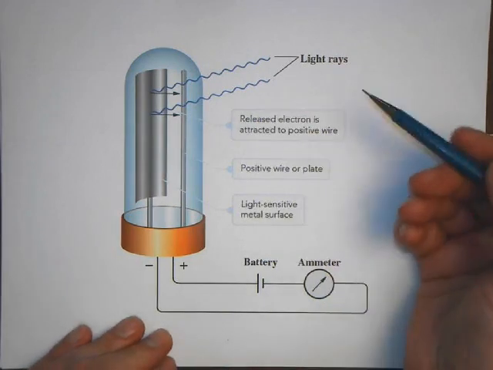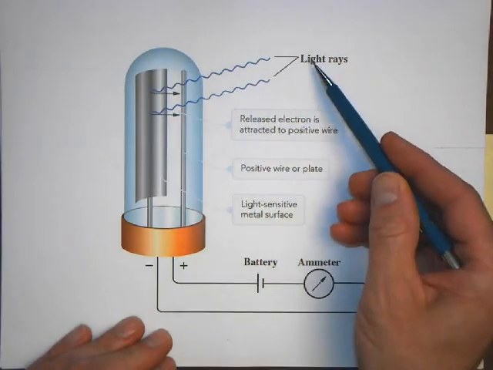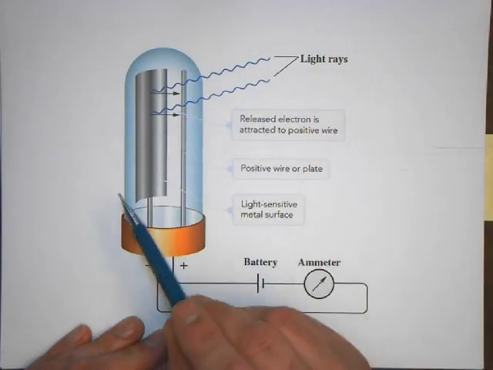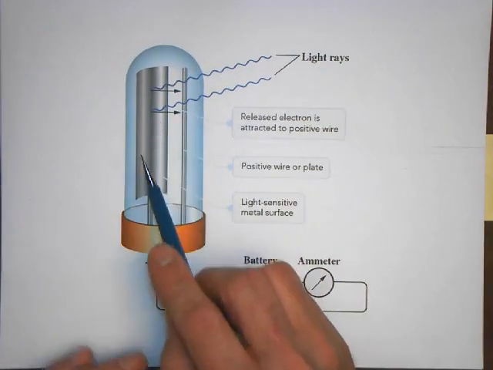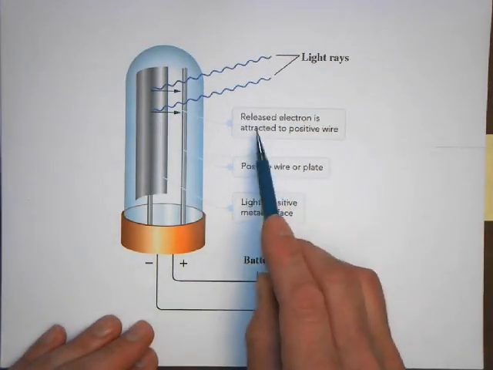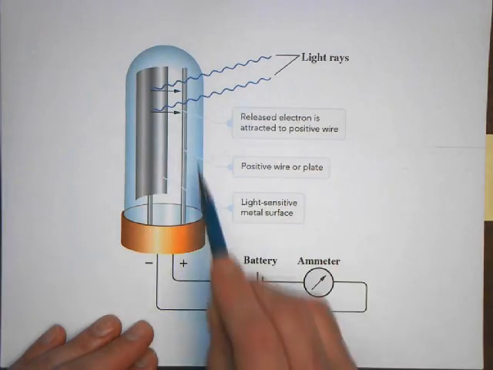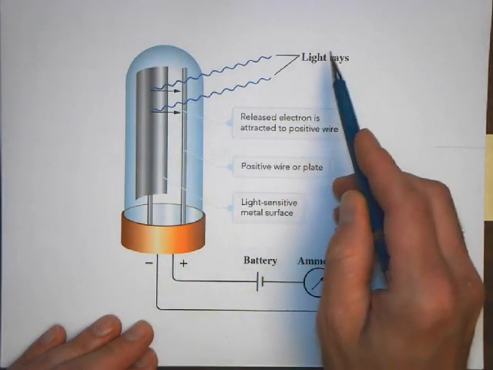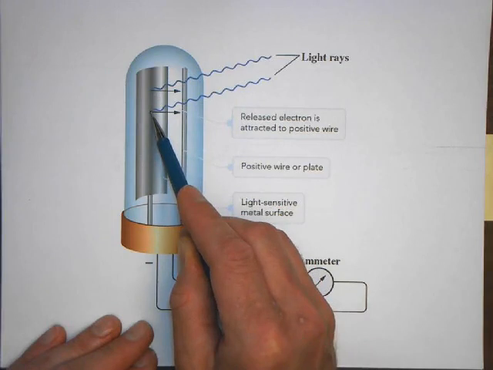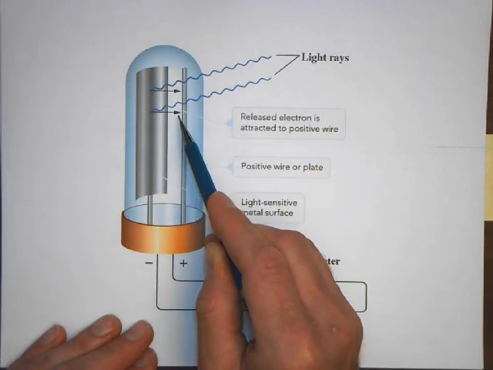If you shine light on a metal surface, the metal will emit electrons. The electron is released and is attracted to the positively charged wire. So we're shining light, and the electrons are being ejected.